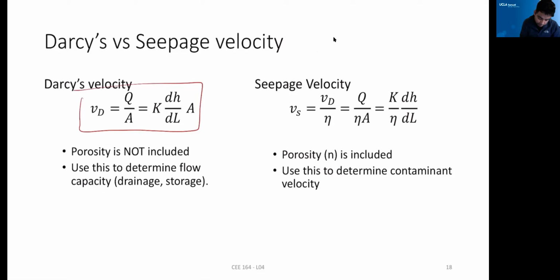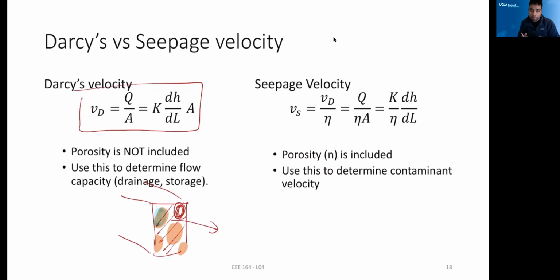So if I take a soil cross section, Darcy's velocity assumes that the entire flow moves this way and there is no pore space in between, which is not the case because you have soil. So you can have soil. I'm just going to make it like this. So you have pore space. Let me make it correct. So this is, let's say, the soil material.